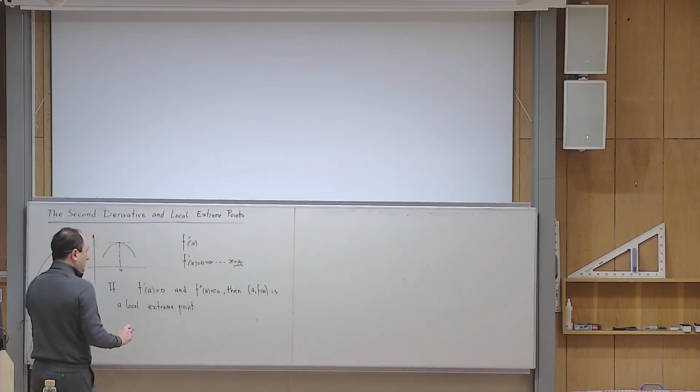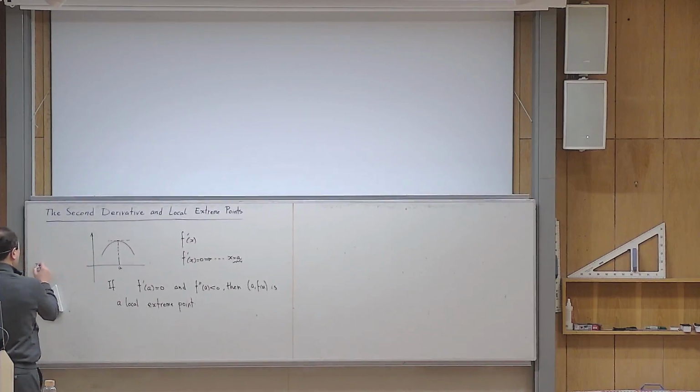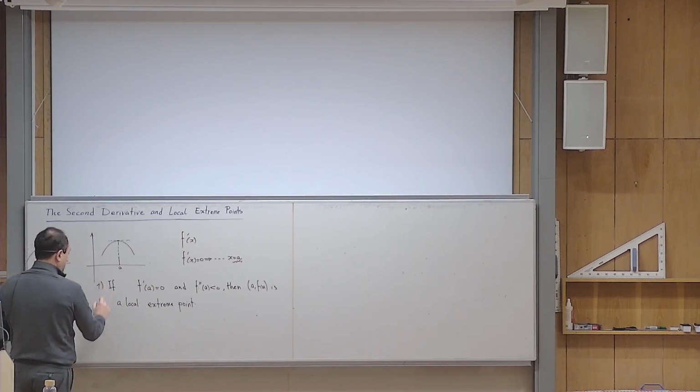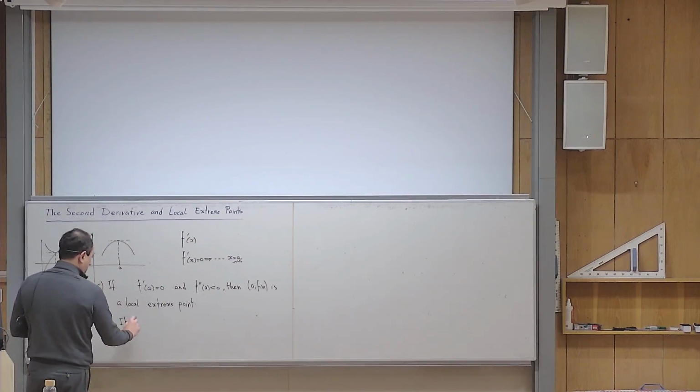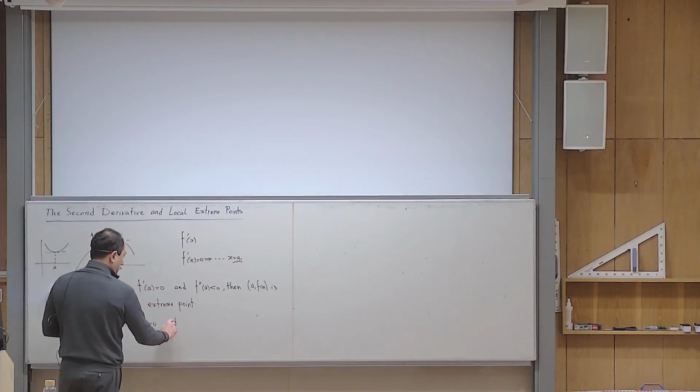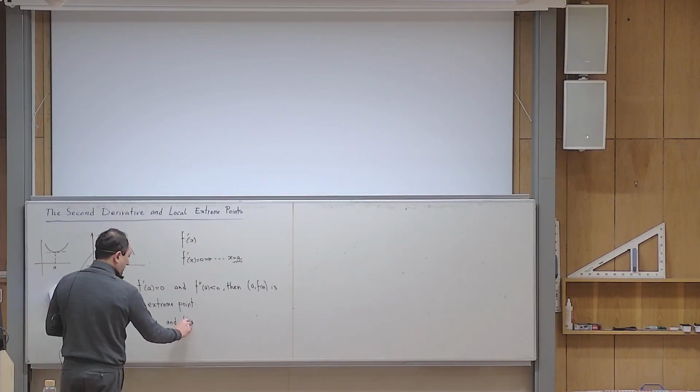And then, of course, you can see what happens for the other scenario. I hope that you can immediately guess what happens. If I have a local minimum, how can I rephrase that? So statement number 2: if f prime of a is 0 and f double prime of a is what?